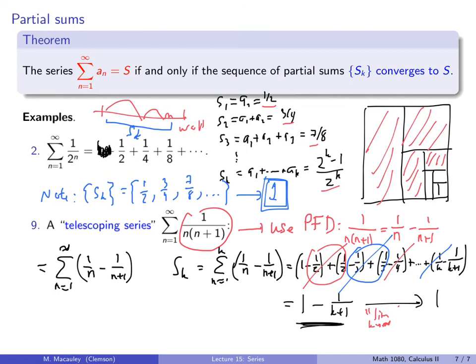I think it's often easier to write an arrow. So by this theorem up here, since the sequence of partial sums converges to 1, this series converges to 1 as well.